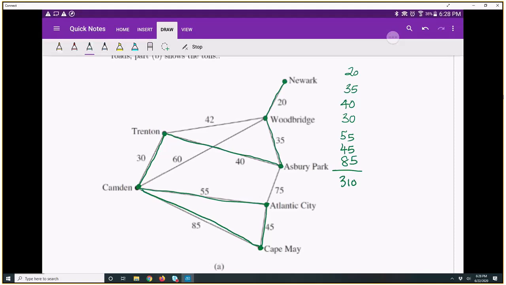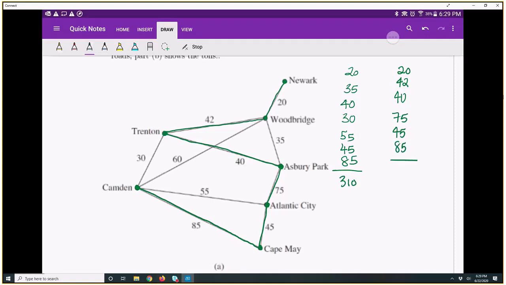Instead, when I'm at Woodbridge, if I don't make the closest choice, so let's just say I go ahead and travel to Trenton, so 20 miles and then 42, then to Asbury Park, 40 miles, then to Atlantic City, Cape May, and then to Camden, so 75, 45, and 85, then the total is 177, 182, 222, 307.